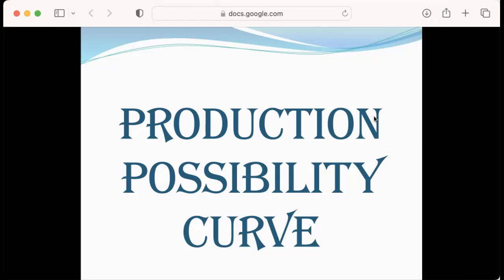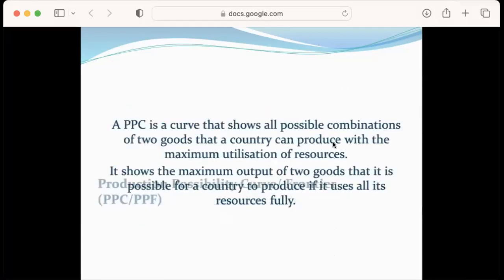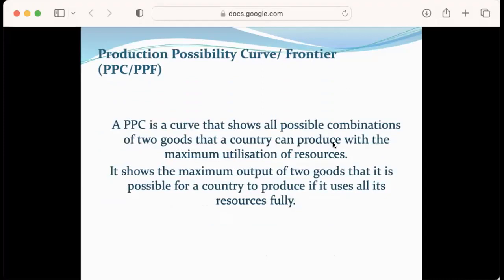It is a curve which shows what it is possible for a country, for an economy, to produce with the available resources. We call it PPC or PPF, production possibility curve, production possibility frontier, or production boundary, whatever the name is. It simply means a curve that shows output with the available resources.